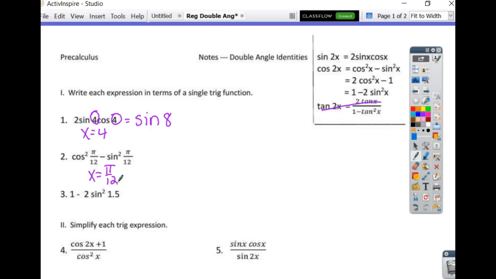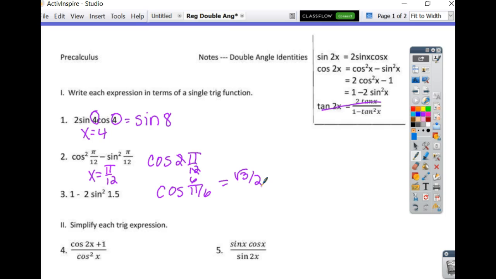If your x is pi over 12, then the cosine of 2 times pi over 12 is the cosine of pi over 6. Now, what is the cosine of pi over 6? It's the square root of 3 over 2? I say so.